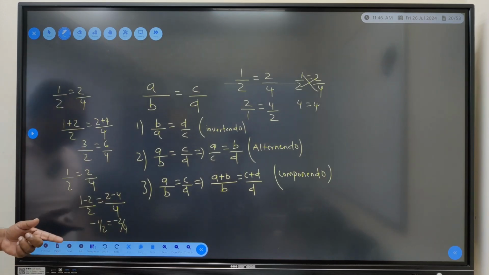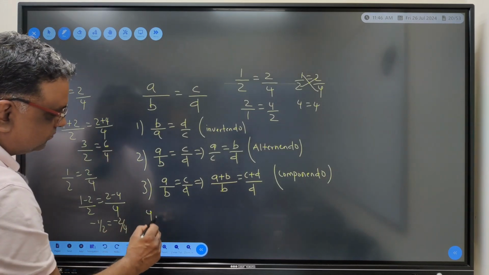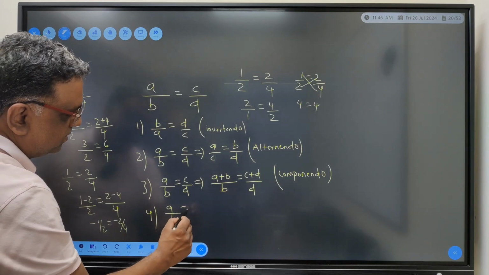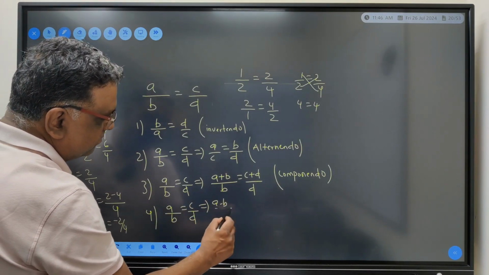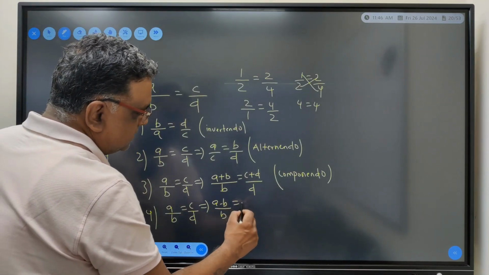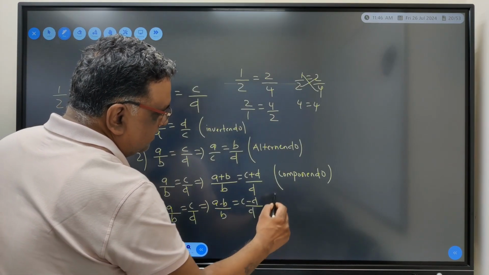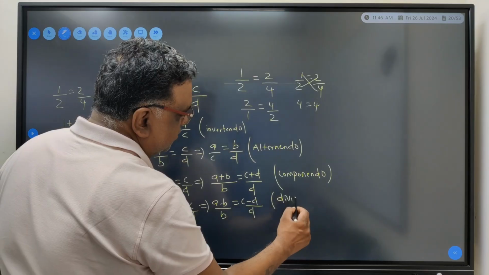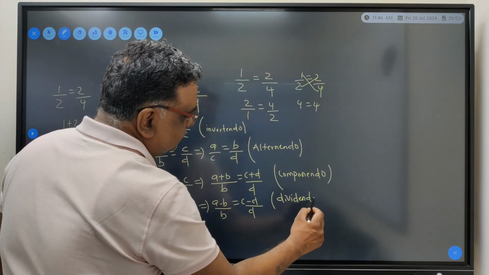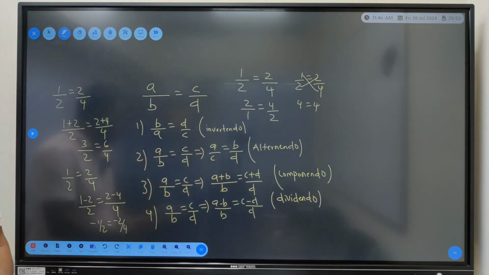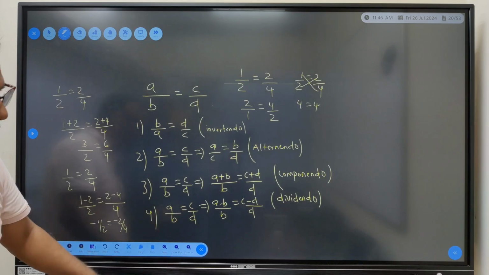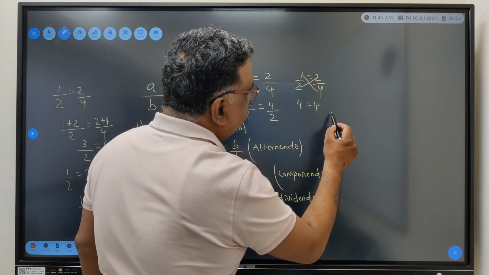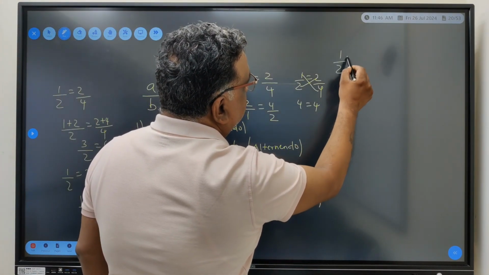They are still the same, which means if A upon B is equal to C upon D, it implies A minus B upon B is C minus D upon D. This property is known as dividendo. Clear?